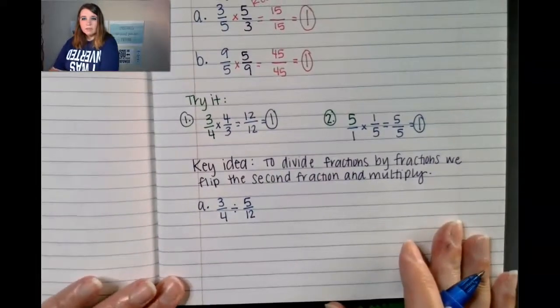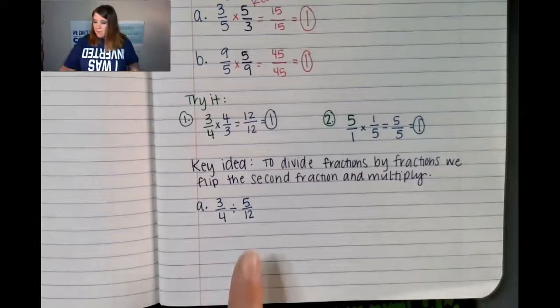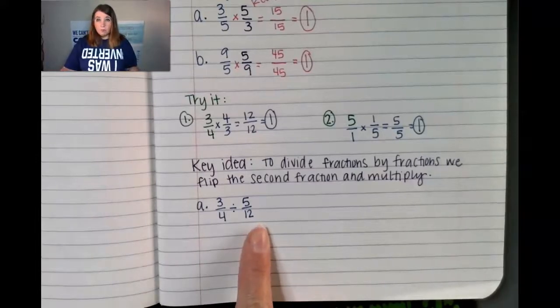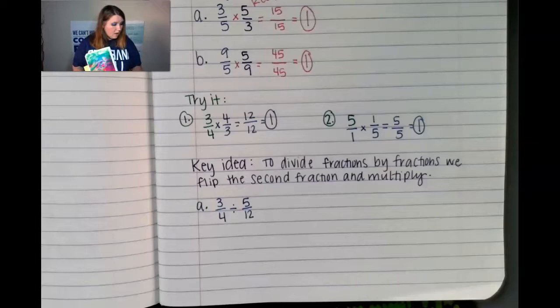So in order to make this one work, I would need to make 5/12 flip or find the inverse, and then I can multiply. All right, so go ahead and get caught up on your writing, and then we will continue to solve.